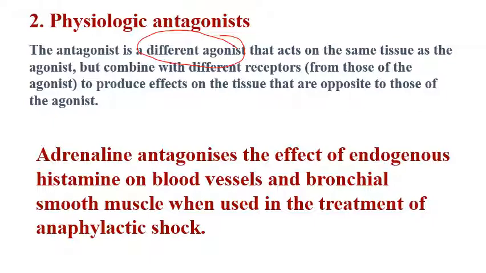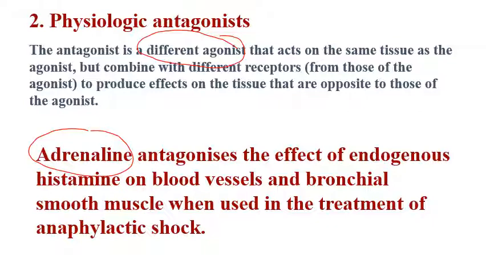So in this case, the effective treatment is by the administration of adrenaline. Adrenaline is known to be an agonist as well. Just like histamine is an agonist for increasing bronchoconstriction by acting on H1 receptors, and also by decreasing blood pressure, it acts by being an agonist. And adrenaline is also an agonist by activating beta-2 receptors in the bronchial smooth muscles.